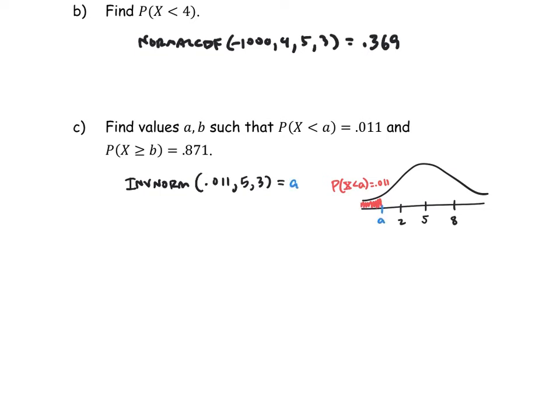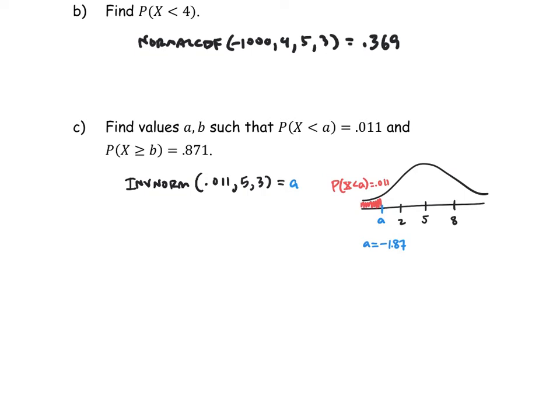So this answer here will be A. 0.011, mu is 5, sigma is 3. This tells us that A is equal to -1.87. Okay, so it's kind of cool. Clearly that's not to scale, but that ends up finding us a z value, right?